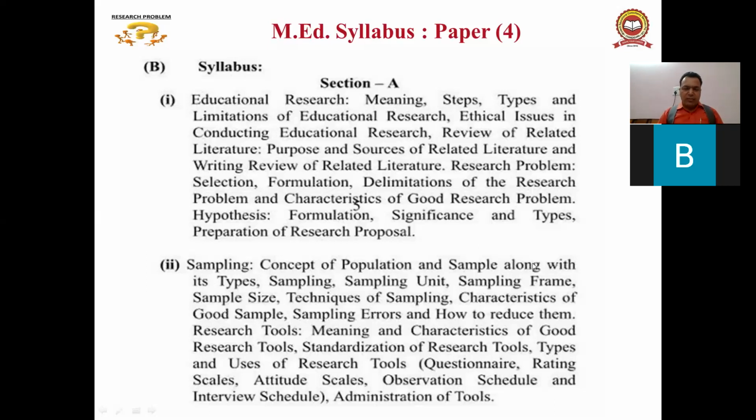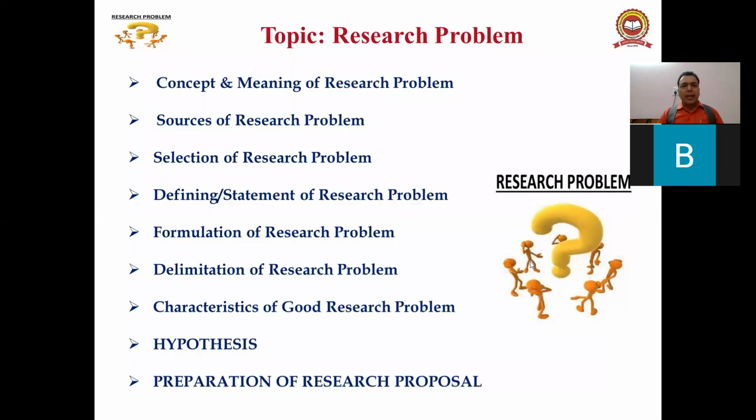In today's lecture, we will start with the research problem. Under research problem, today we will discuss the concept and meaning of research problem. Then we will discuss the sources of research problem. Then we will discuss selection of research problem. Fourth, defining a statement of the research problem.